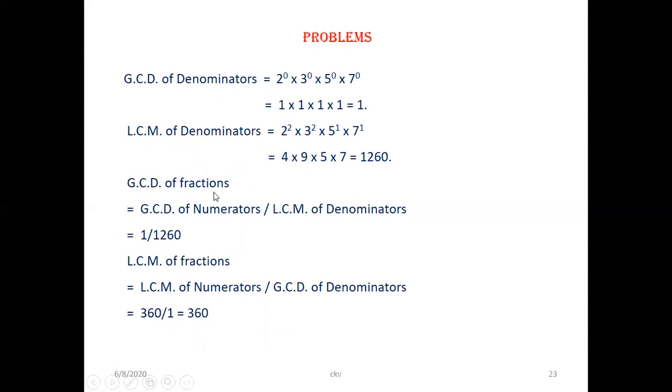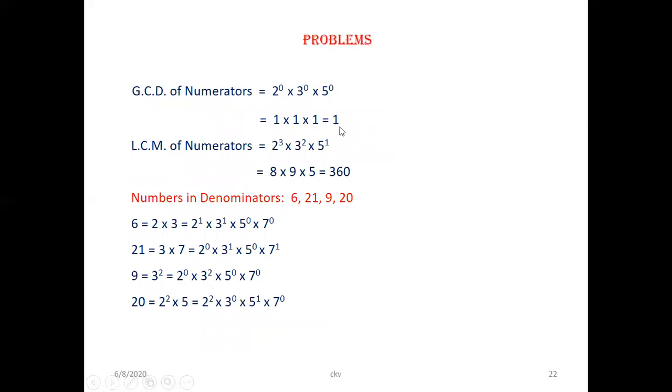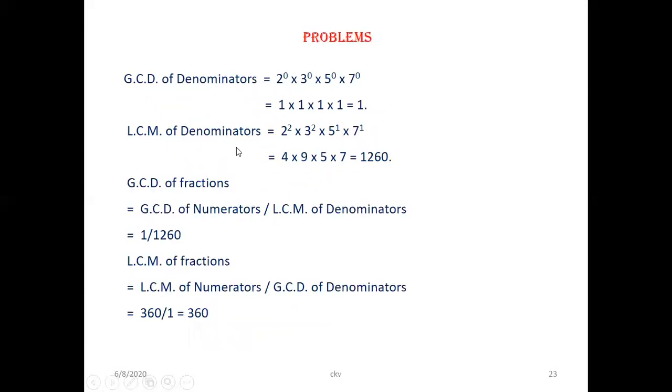So GCD of the fractions, I gave you a formula, is equal to GCD of the numerators by LCM of the denominators. GCD of the numerators you got as 1, and LCM of the denominators you got as 1260. So 1 by 1260 is the GCD of the fractions. Now the LCM of the fractions formula is LCM of the numerators by GCD of the denominators.